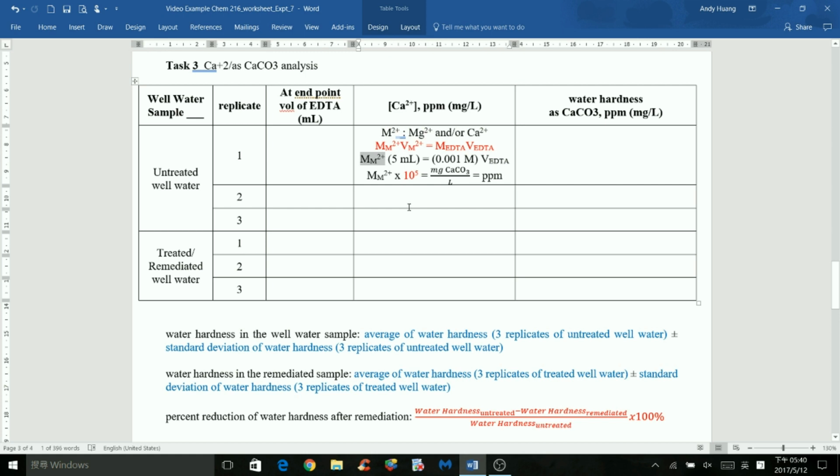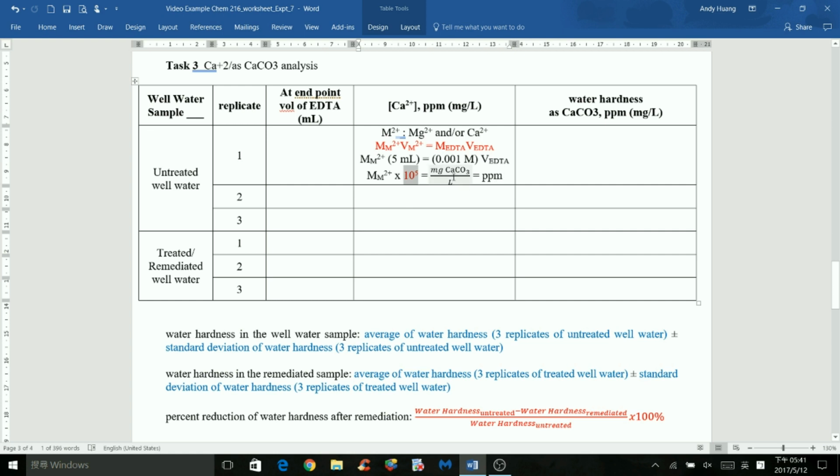However, this value is in molarity. Here, you actually want the values in either ppm or in milligrams per liter. So whatever molarity you get, multiply that by 10,000 or 10 to the 5th power, and that should give you a number that's in milligrams of calcium 2+ and slash or magnesium 2+ or calcium carbonate per liter, or in ppm.